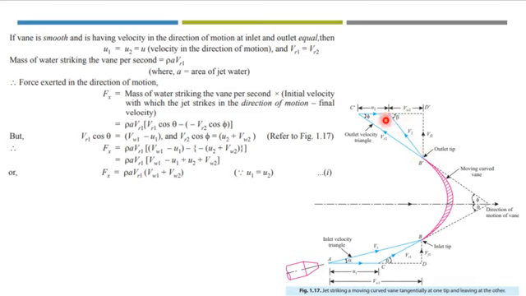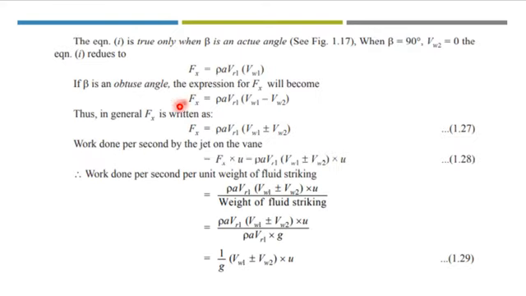In this figure, you can see if this beta is 90 degree, then this VW2 will be 0, because it will become straight. And in case when beta is obtuse angle, then negative value will be used. So the general expression for Fx becomes Fx equals rho A VR1 into VW1 plus minus VW2.